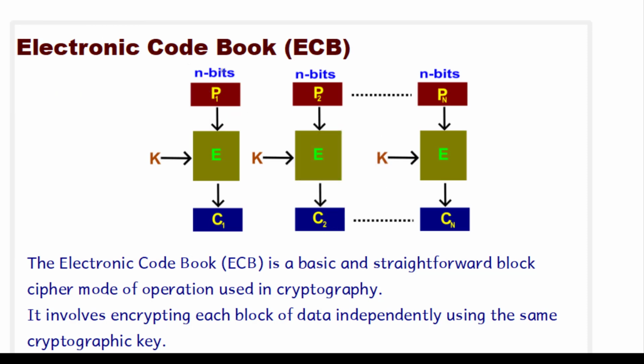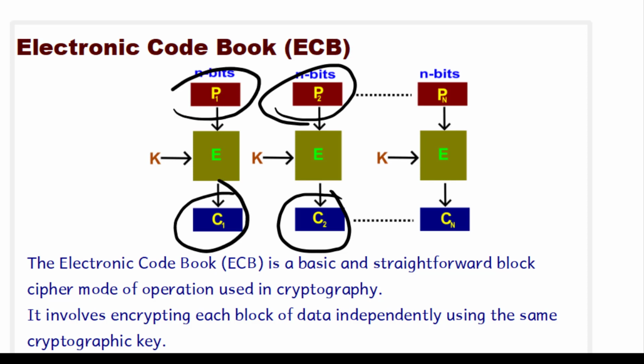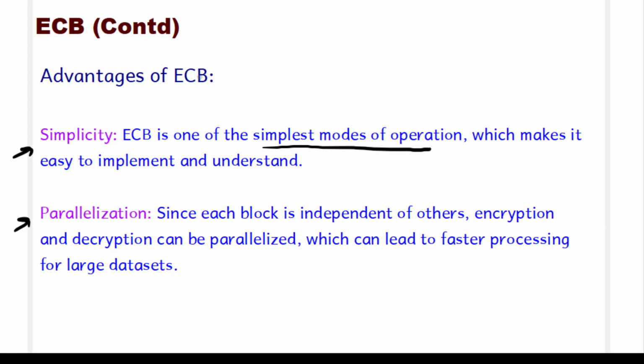So if we divide, suppose, the plain text into 10 blocks, we can encrypt 10 blocks at the same time. So this ciphertext block only depends on this plain text. This ciphertext block only depends on this plain text. So if we have simultaneous machines, we can do simultaneous encryption and achieve parallelism, and we can speed up the operation. So these are the advantages of ECB.